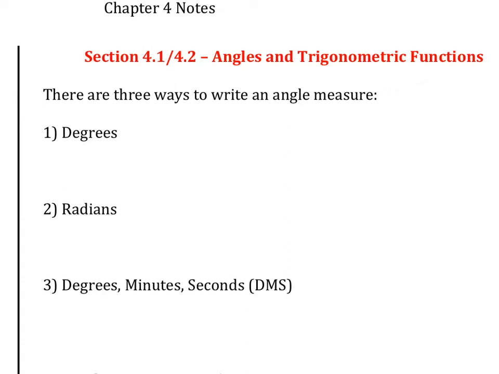And then last year, we learned that there's this new thing called radian, which is another way of measuring angles. This year, we're going to learn the third way, that is called degrees, minutes, seconds, or DMS. So that's the third way of figuring out an angle. So we're going to convert between degrees to radians back to degrees, and then all of them into DMS.